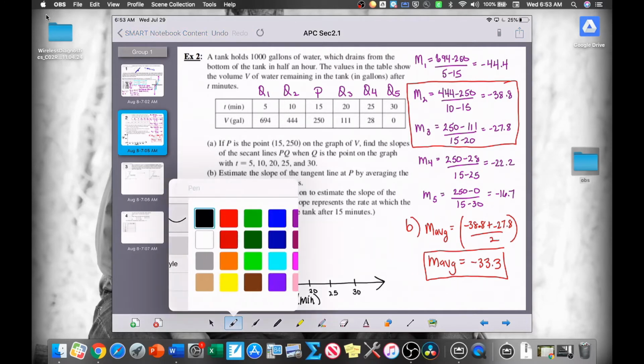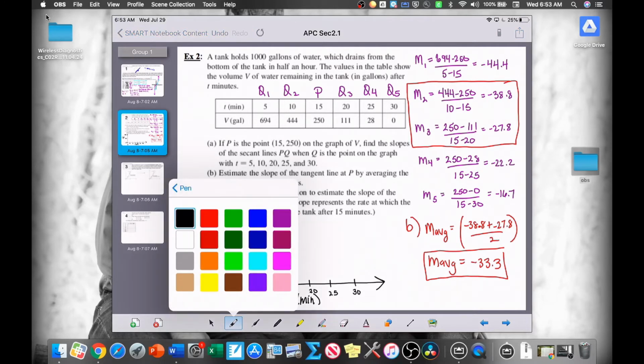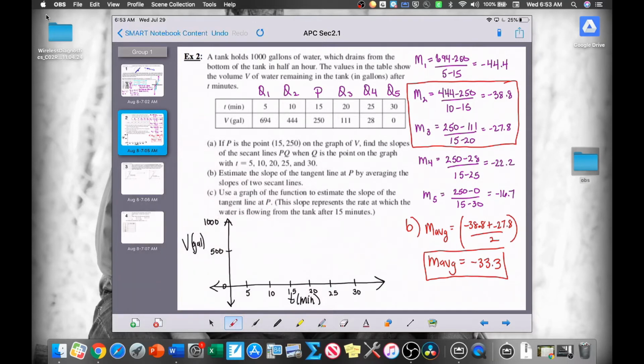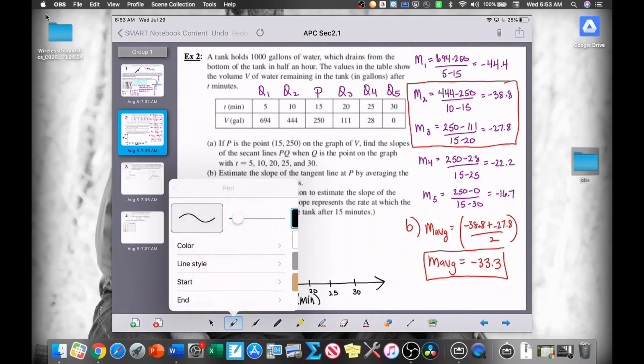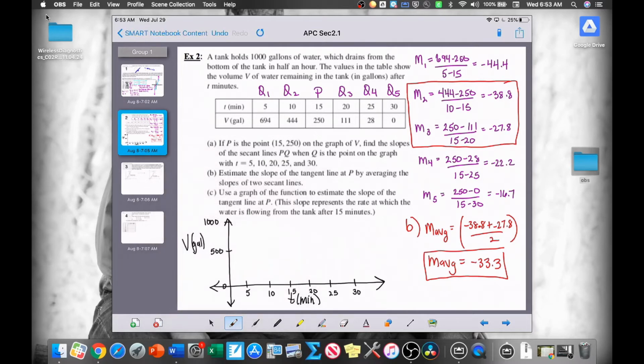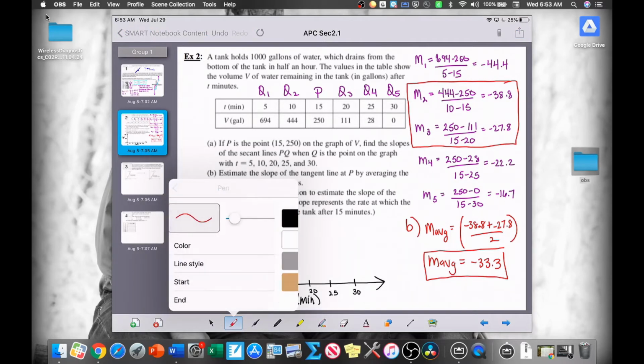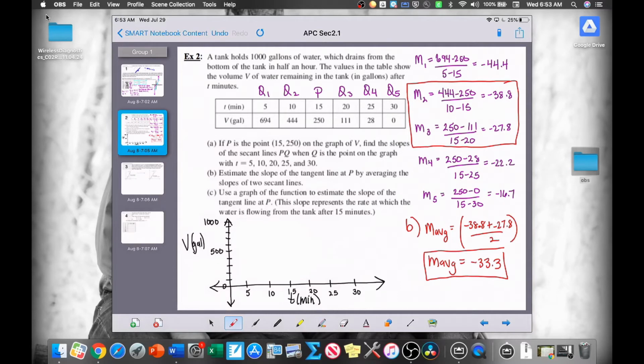And so if we go ahead and plot our points on this curve, after 5 minutes, I should probably add a few more marks here on my y-axis, excuse me. There we go. After 5 minutes, there's 694 gallons in the tank.